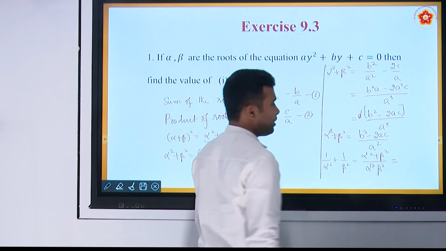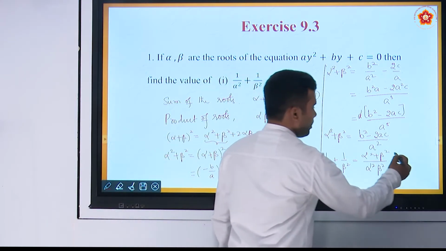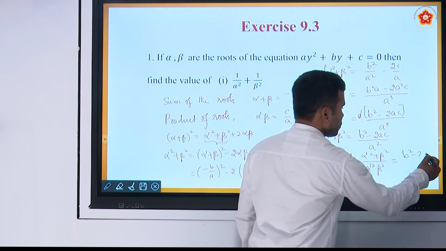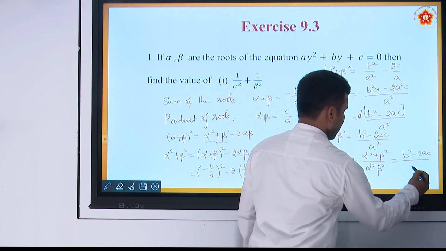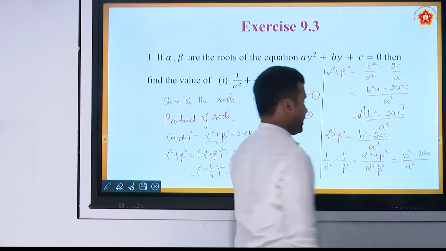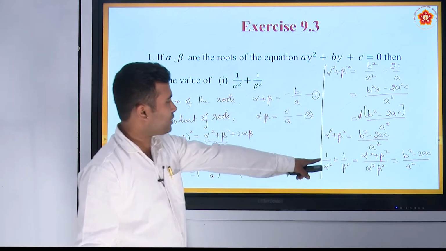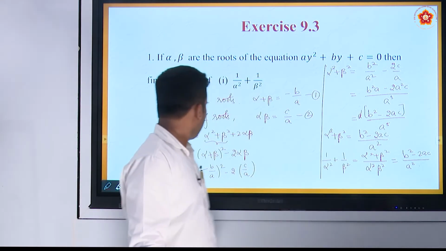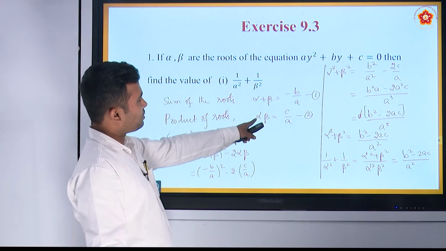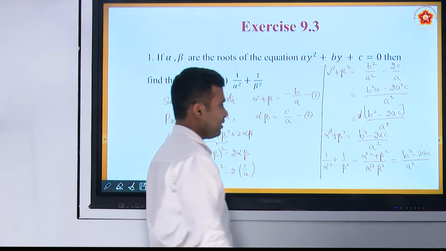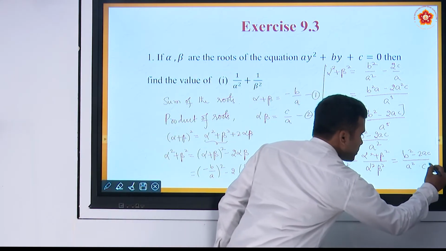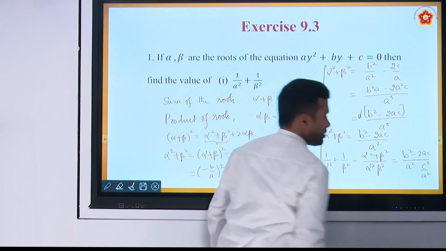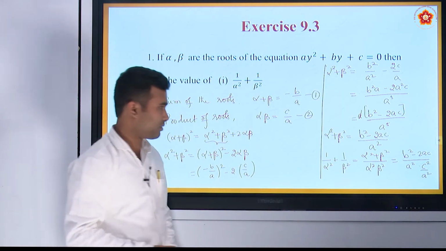Alpha square plus beta square is b square minus 2ac divided by a square, into alpha square beta square. Okay, what is alpha square beta square? From equation 2 you can write alpha square beta square as c square by a square.